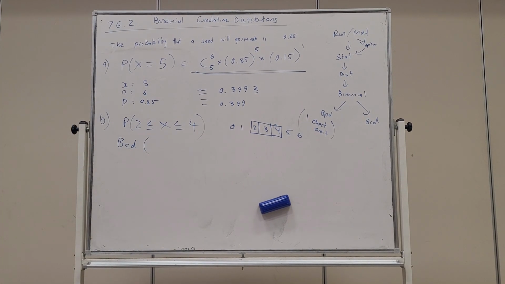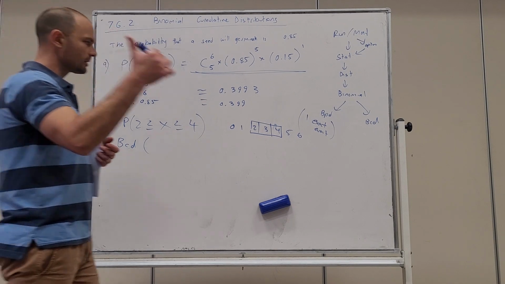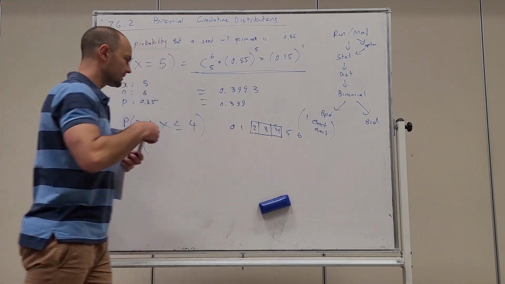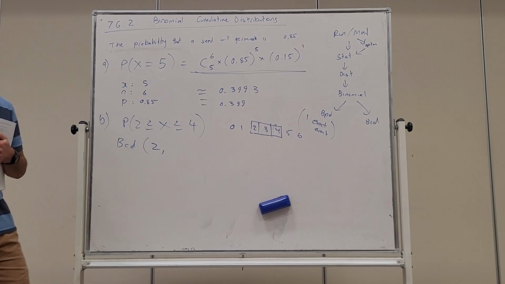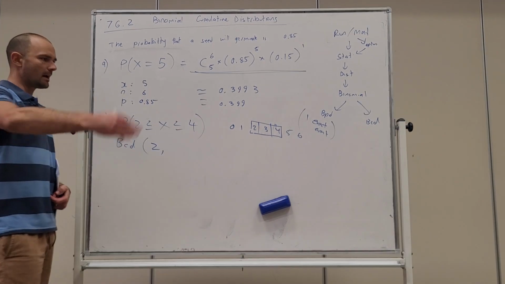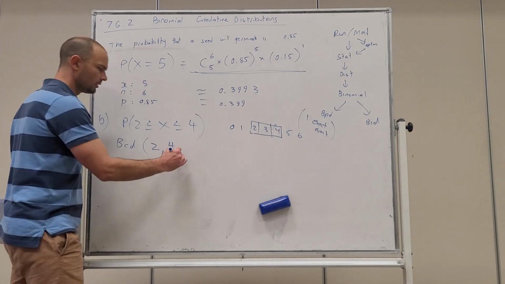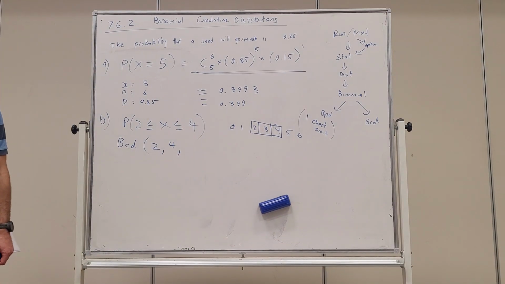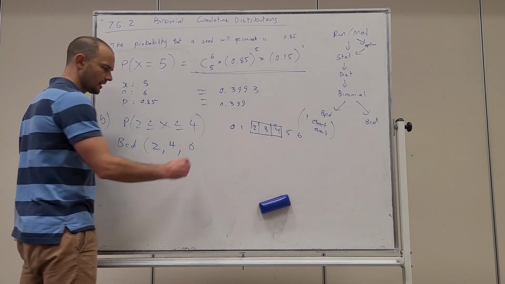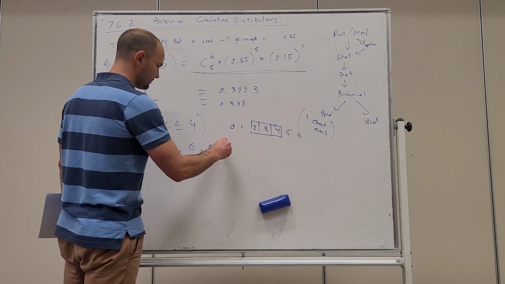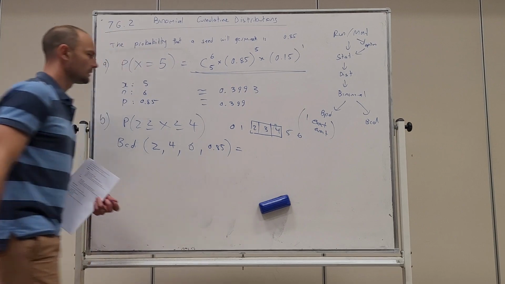We input the lower boundary. The lowest boundary that we're including is 2, comma. The upper boundary, the highest that we're including, is 4. The number of trials, how many seeds are there in the pot? 6. And the probability of success, 0.85.